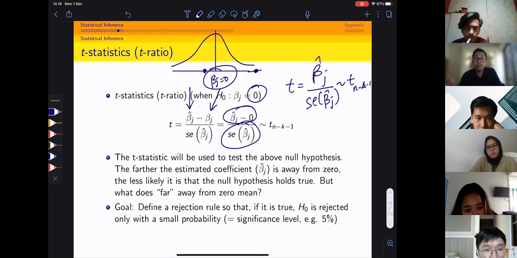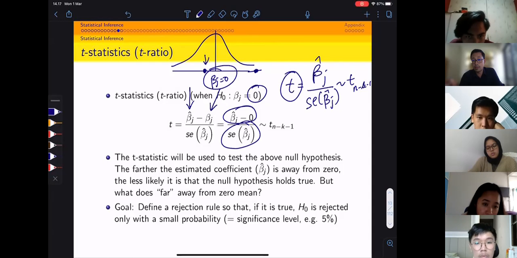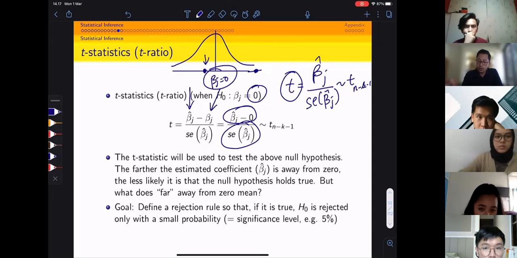How do we make that statement? We use the t-statistic. Given the t-statistic, we decide whether it's far away, in which case we reject the null hypothesis, or very close, in which case we do not reject it. We now have this statistic. What else do we need so that we can say whether it's far away or not that far away? What we need is a rejection rule.